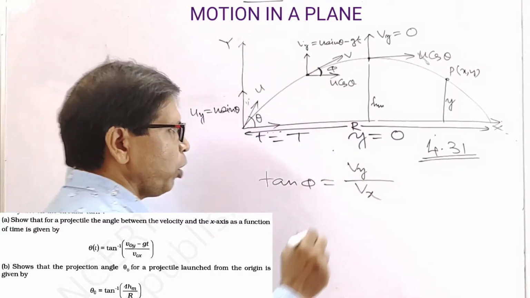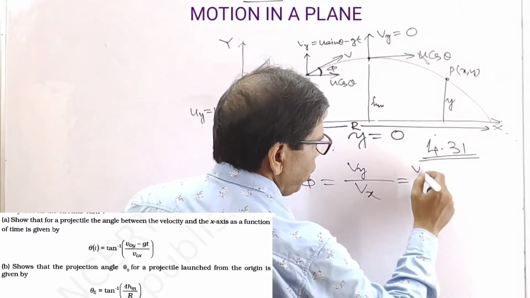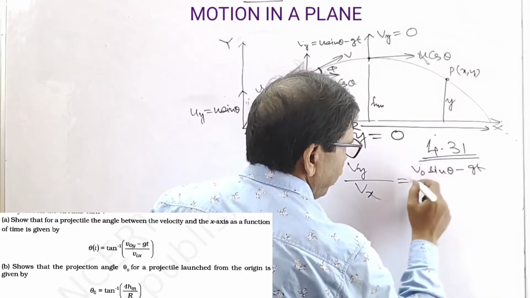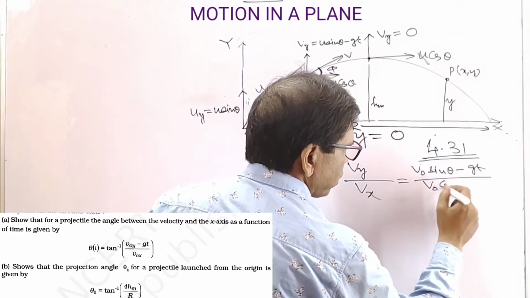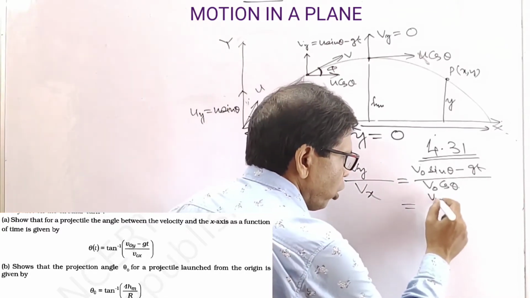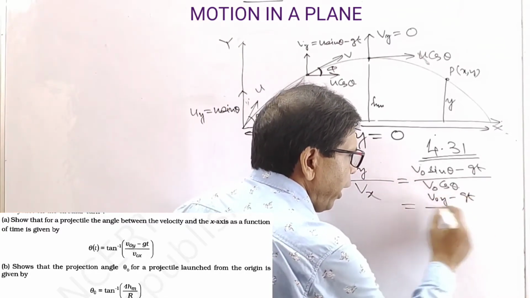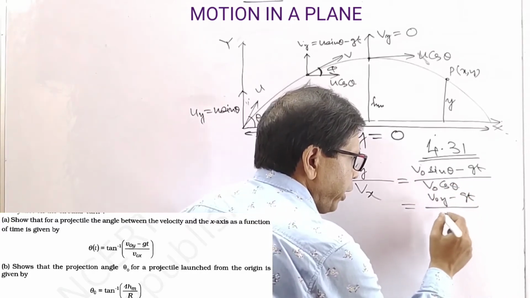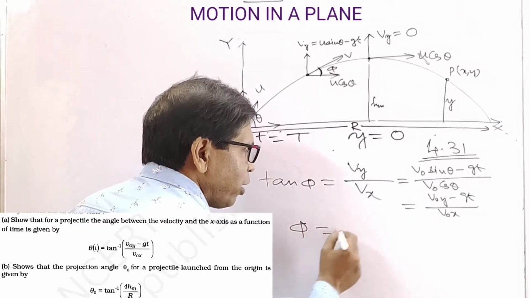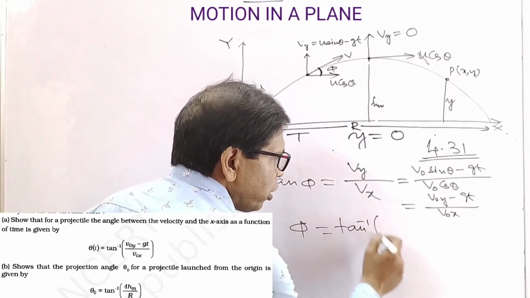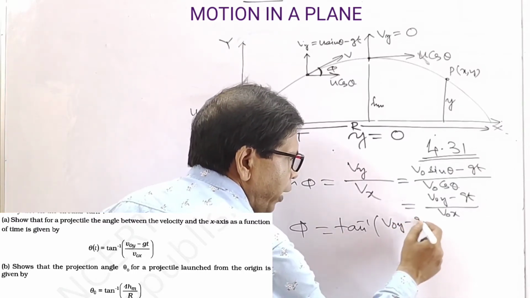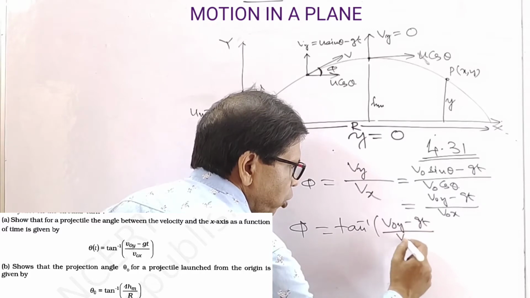The vertical component of velocity is v0 sin theta minus gt divided by v0 cos theta. Now v0 sin theta can be written as v0y, so it is v0y minus gt, and v0 cos theta can be written as v0x. Here phi is equal to tan inverse of (v0y minus gt) divided by v0x.